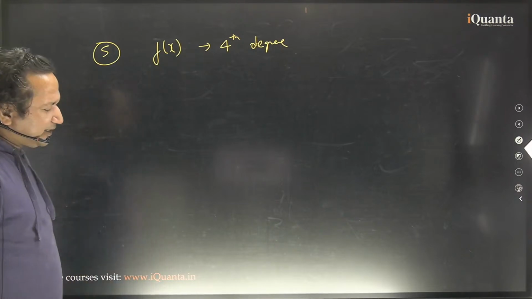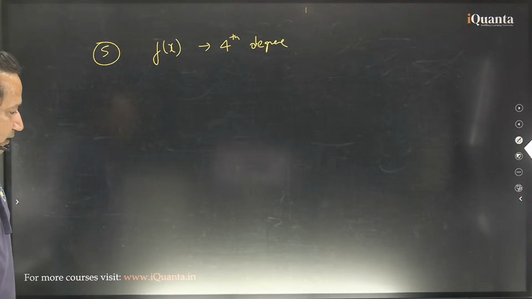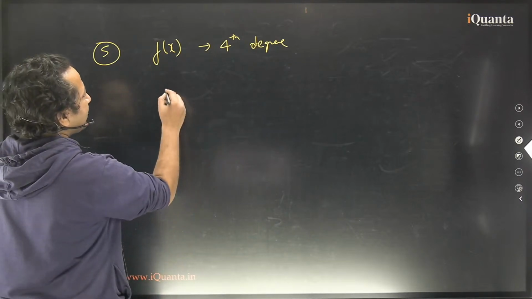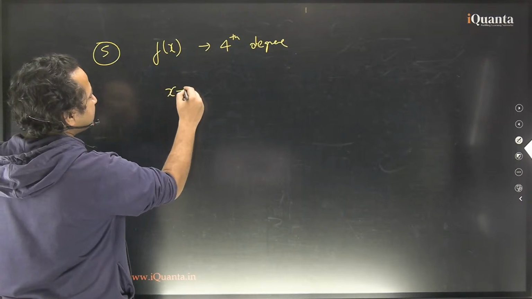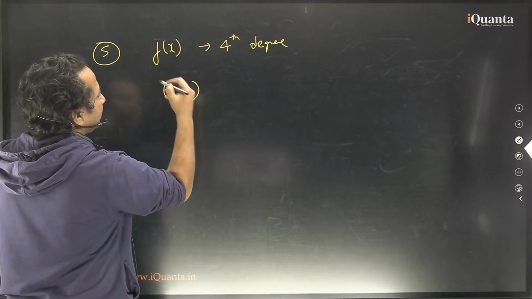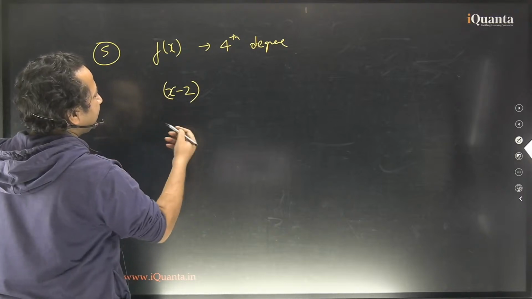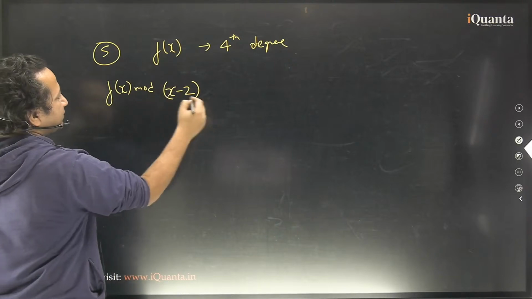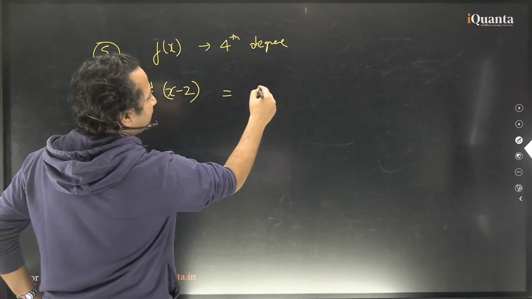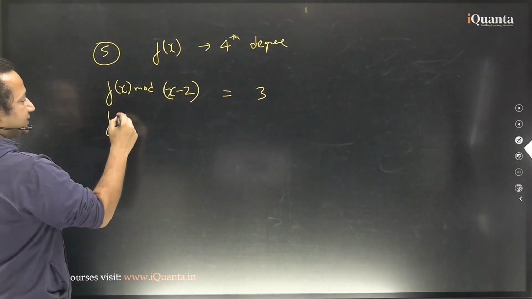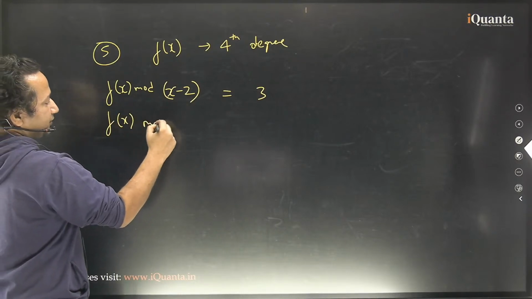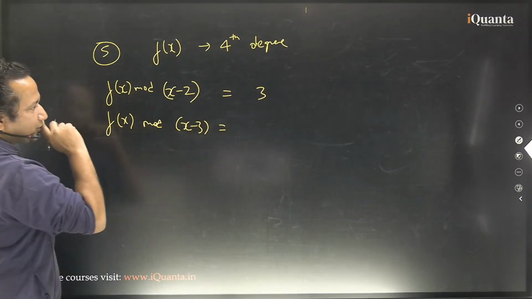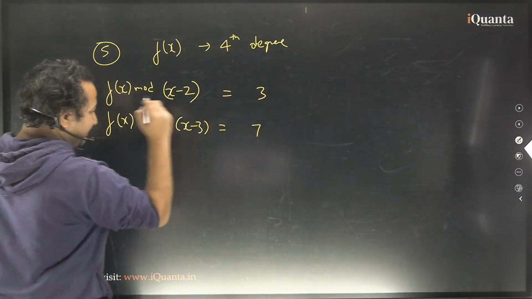When I'm dividing this by x minus 2, my remainder, so f(x) mod (x minus 2), is given as, let's say, 3. Then it's said that f(x) mod (x minus 3) is equal to 7.